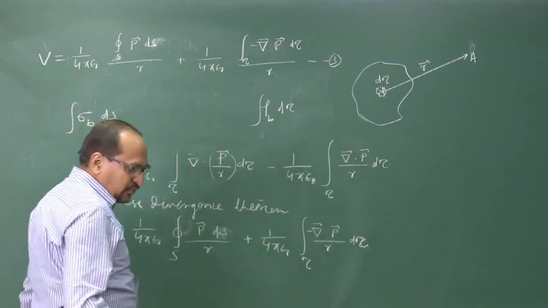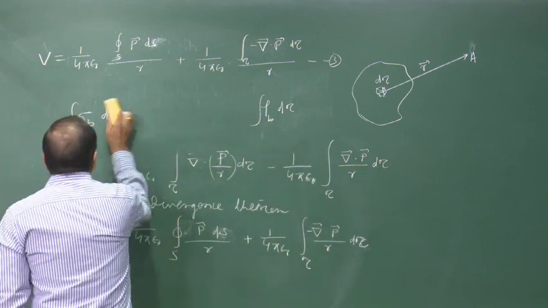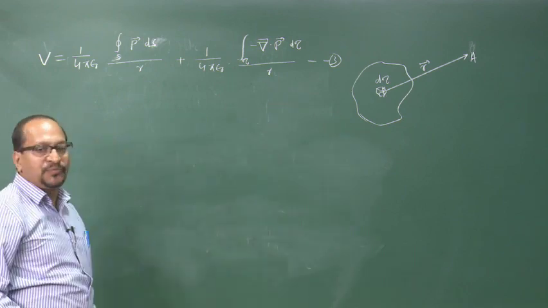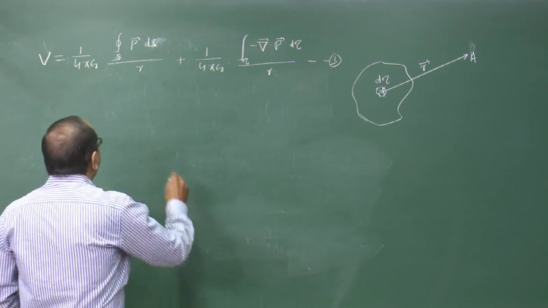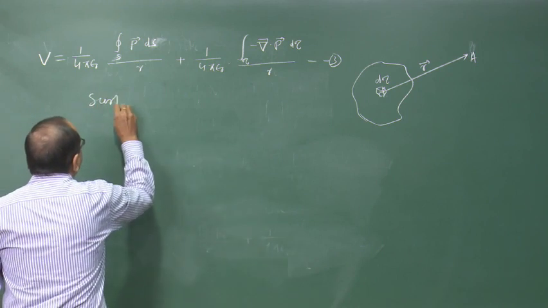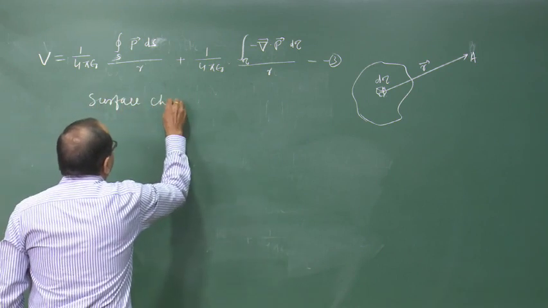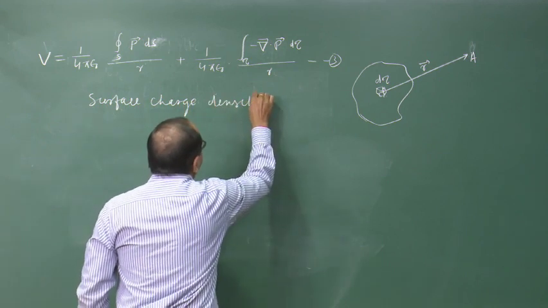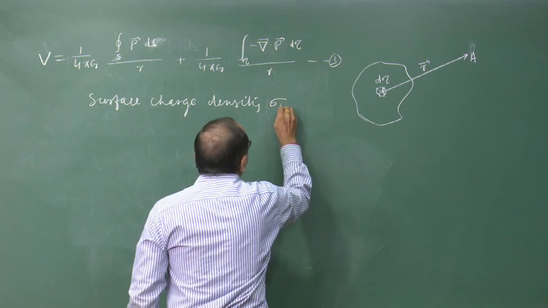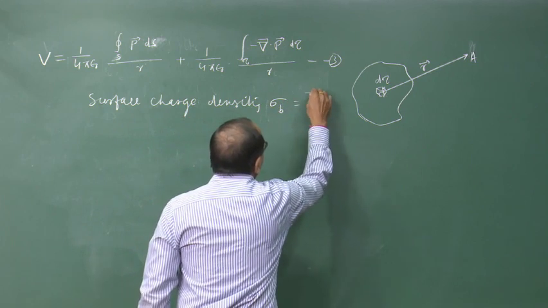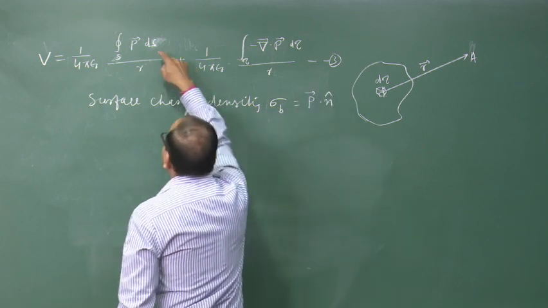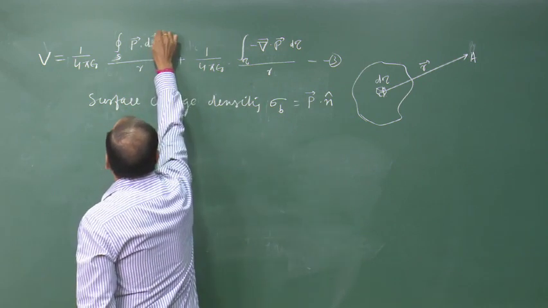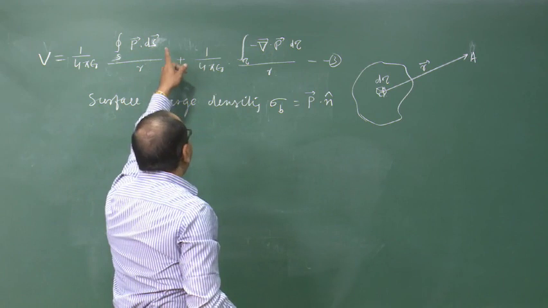Therefore, this equation 3 shows that in a dielectric material, when the material becomes polarized, we have a surface charge density sigma B is equal to P dot n cap. Of course, this ds we should write as P dot ds, and ds is n cap ds.